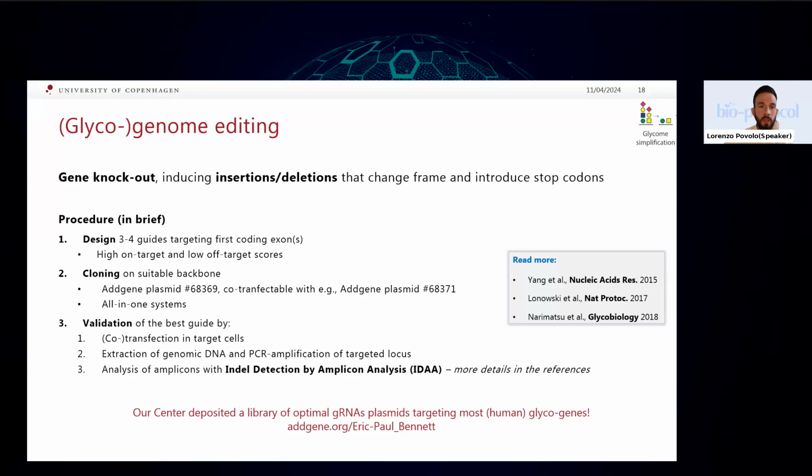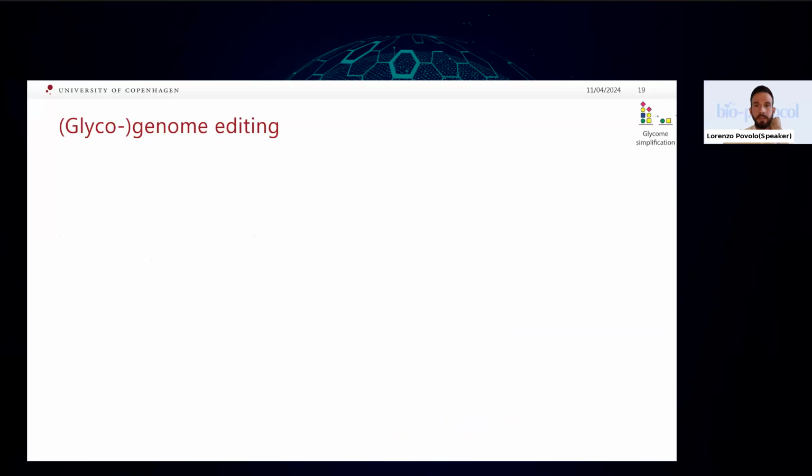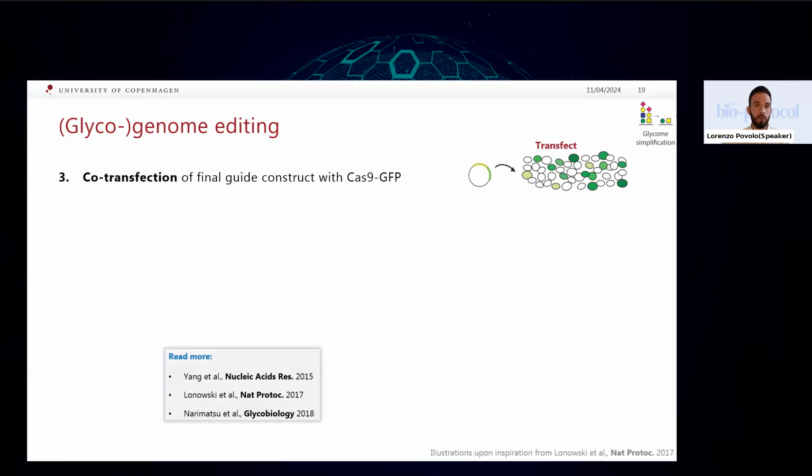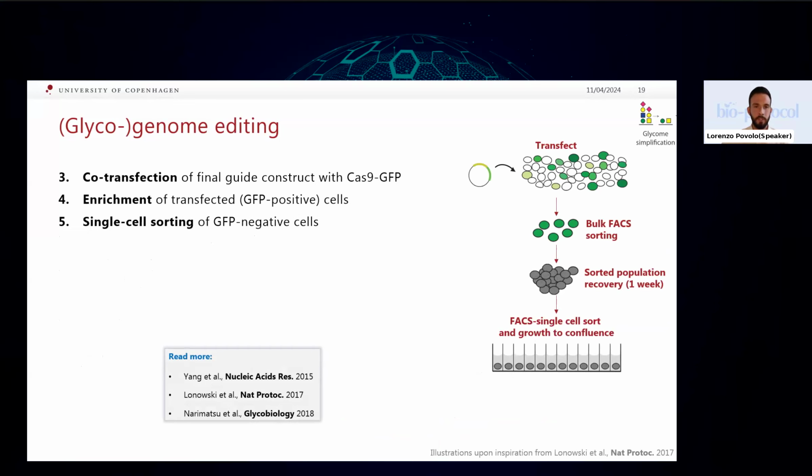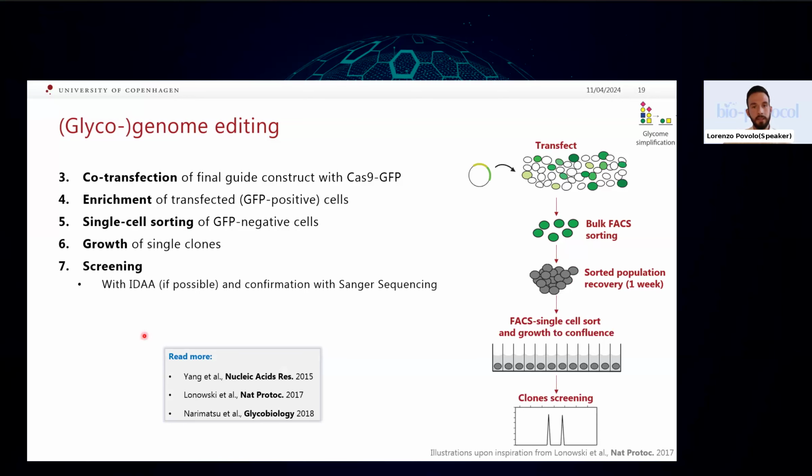that could be interesting for you. So after acquiring the plasmid or cloning the plasmid, the steps are pretty linear. Co-transfect the cells with the guide plasmid and Cas9 plasmid, but enrich the transfected cells, for example, following GFP expression, let the cells recover, and then go through a single cell sorting step to have isogenic populations of cell lines that we can leave growing, typically a few weeks, and screen, for example, with IDA, as mentioned before, if possible, or with Sanger sequencing that is more accessible to most laboratories.